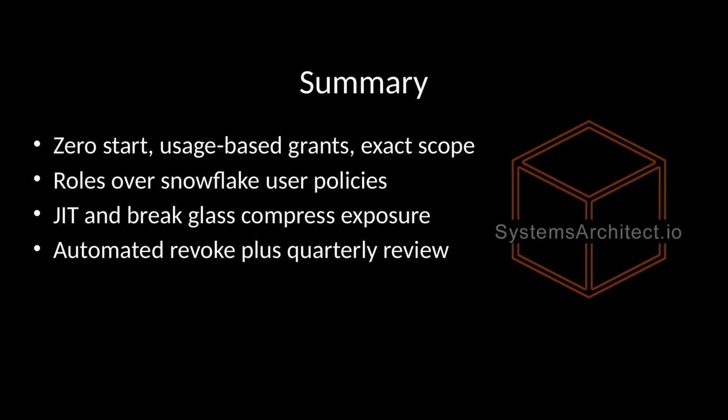Automate revocation from your identity provider and run quarterly reviews so access cannot outlive its reason. Those 10 steps make least privilege a living control system across AWS, Azure, and GCP, not a one-time policy document.